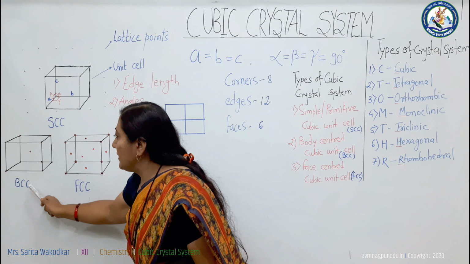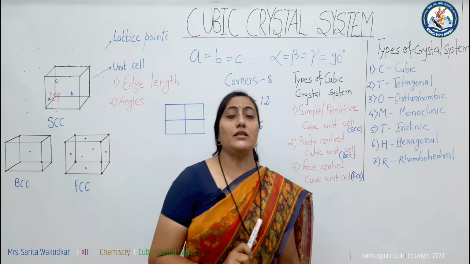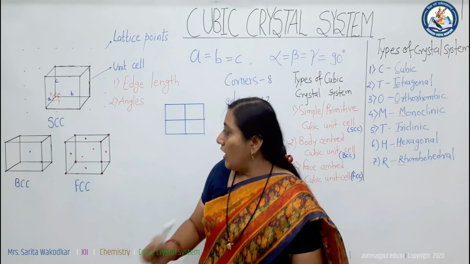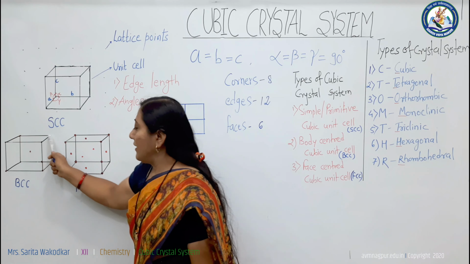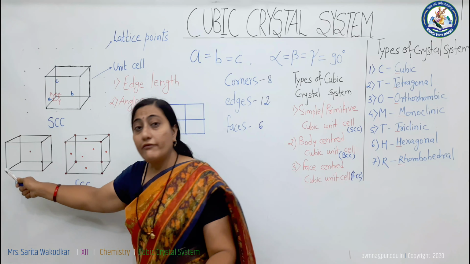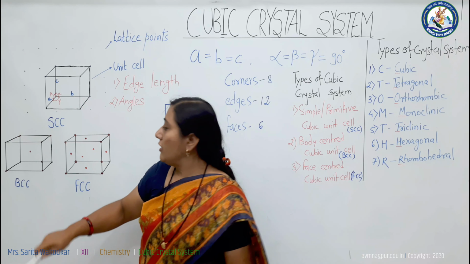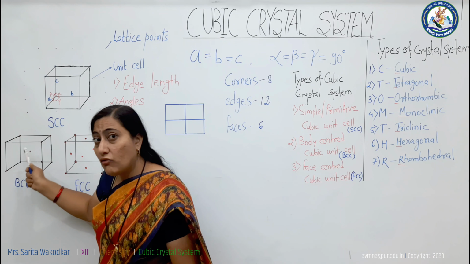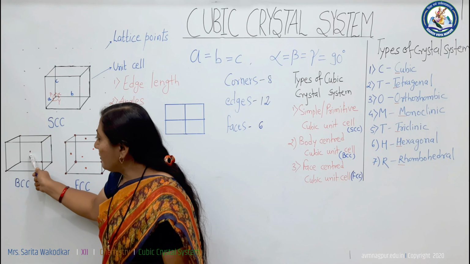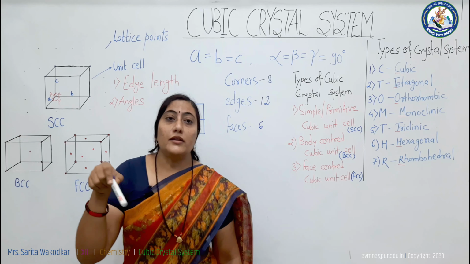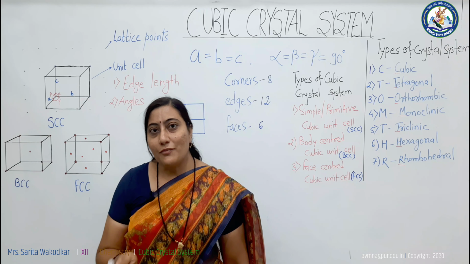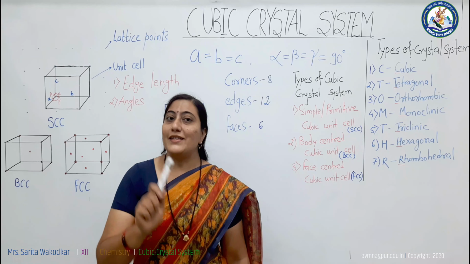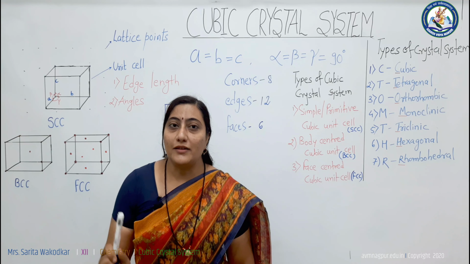Second, BCC. BCC means body centered cubic unit cell. Along with the corner particles, if one constituent particle is present in the center, such type of crystal system is known as BCC, body centered cubic unit cell.